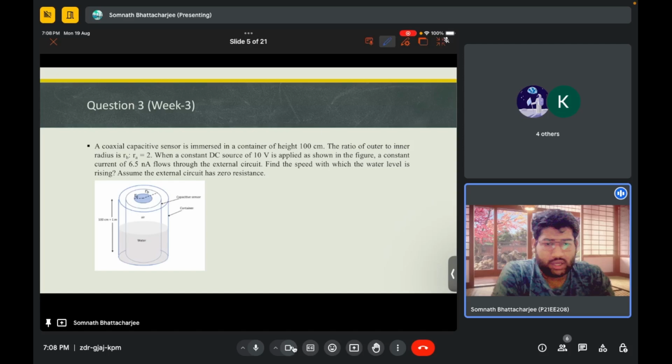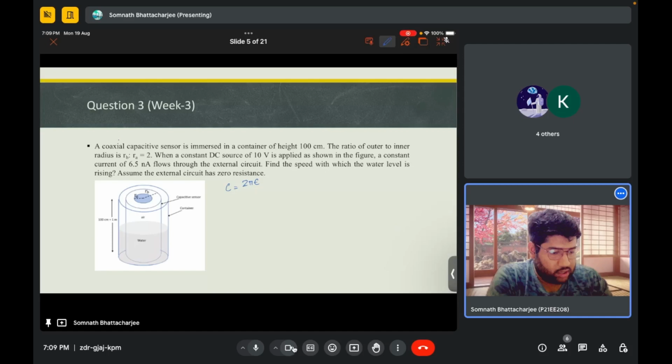So how did we solve this in the previous class? At first we know that C equals 2 pi epsilon divided by ln of RB by RA.